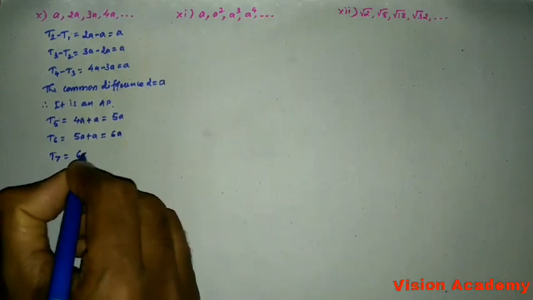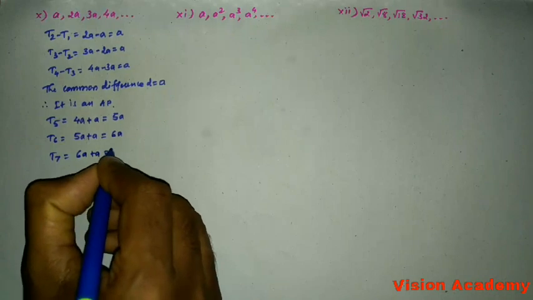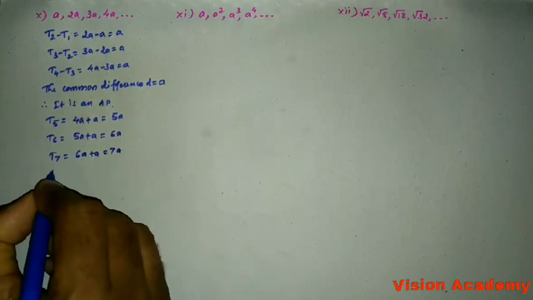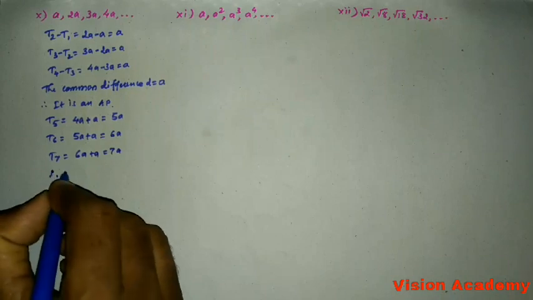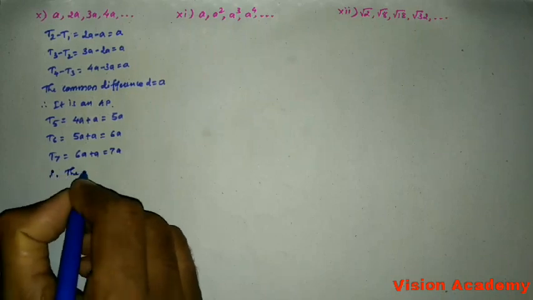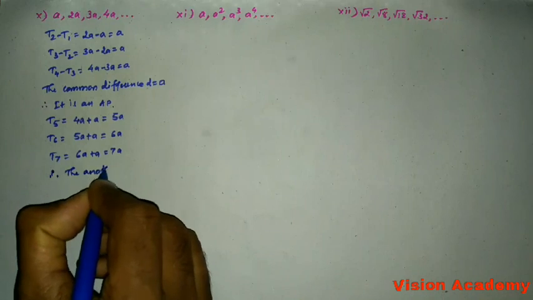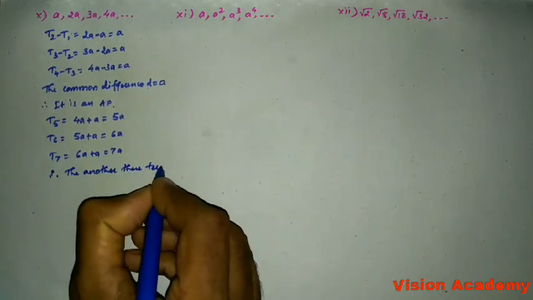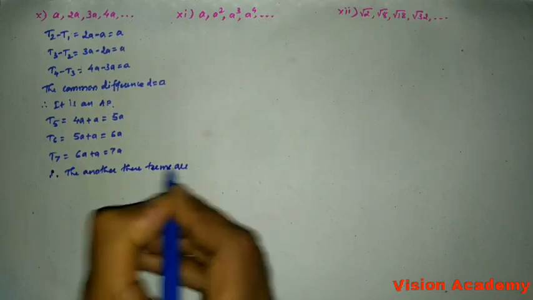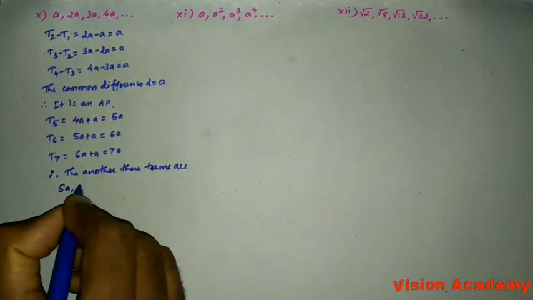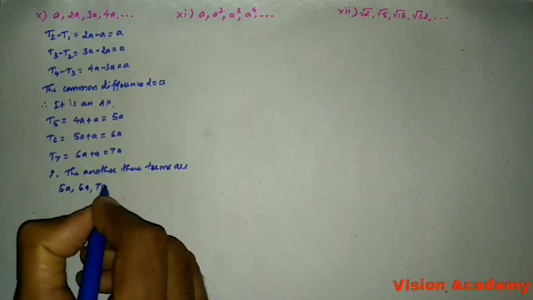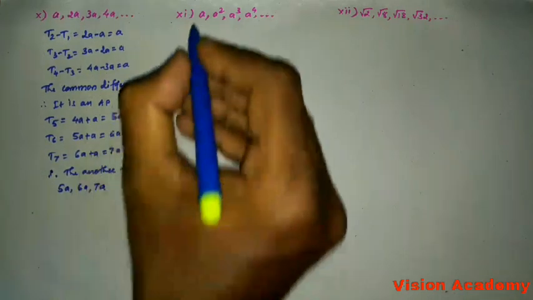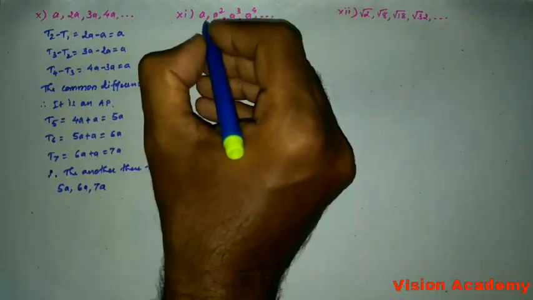T7 is equal to 6a plus a is equal to 7a. Therefore, another three terms are 5a, 6a and 7a. Now let us move on to the 11th question.